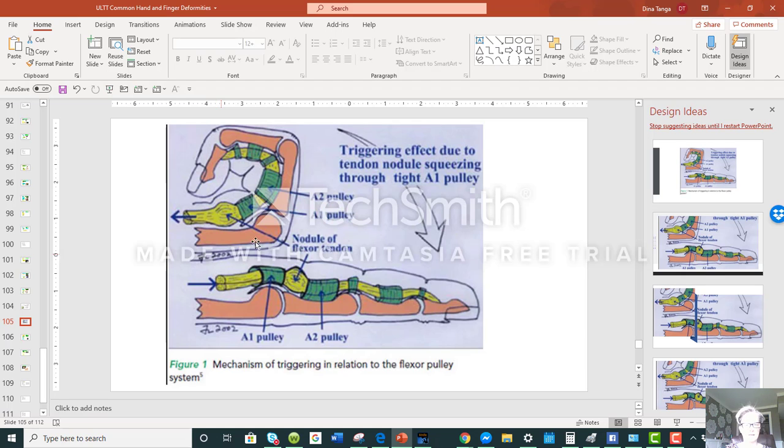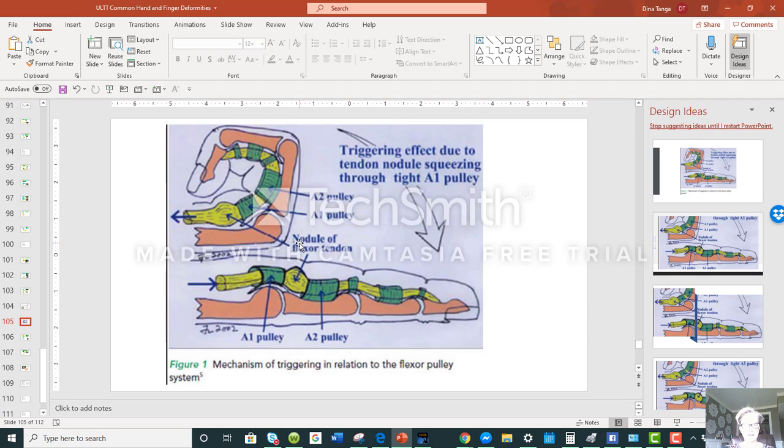So you've got the nodule of the flexor tendon right here. Triggering effect is due to the tendon nodule squeezing through the tight A1 pulley. Here's the A1 pulley right at the end of the metacarpal.